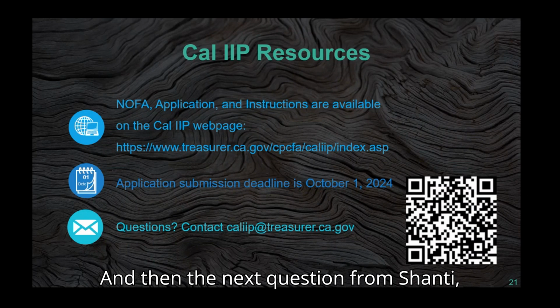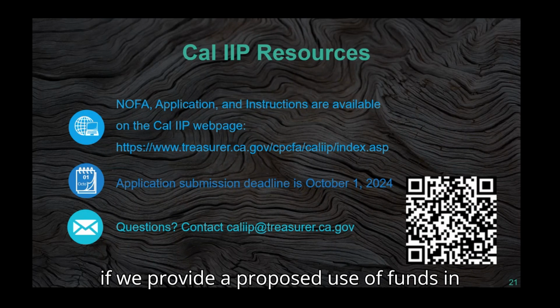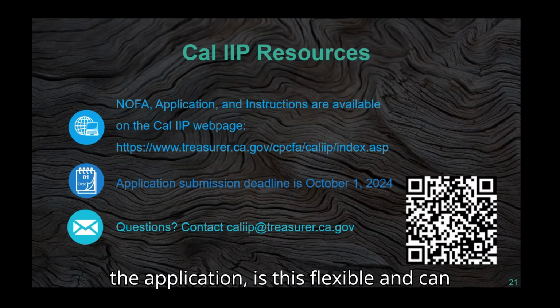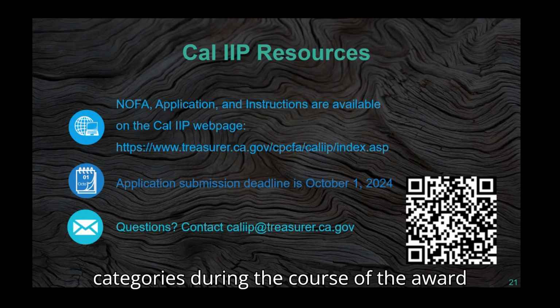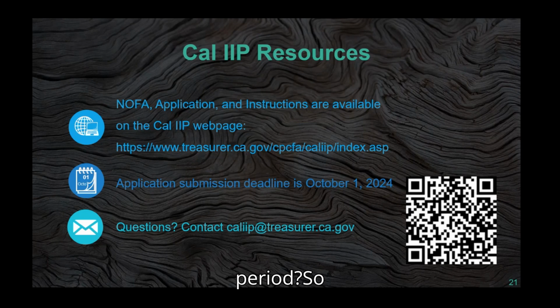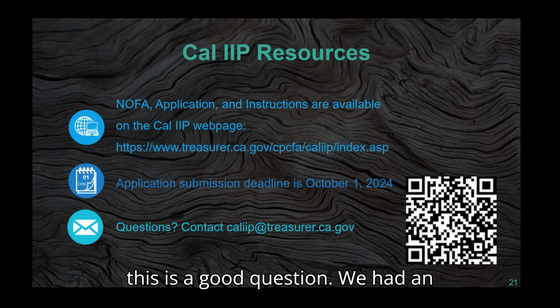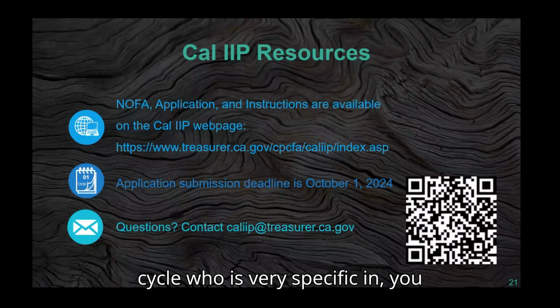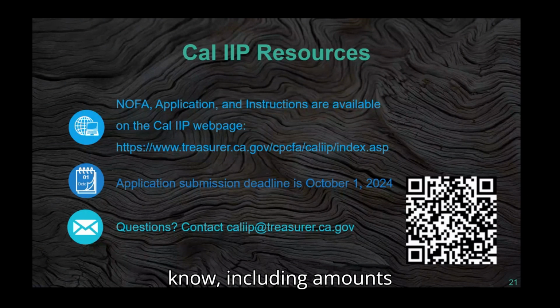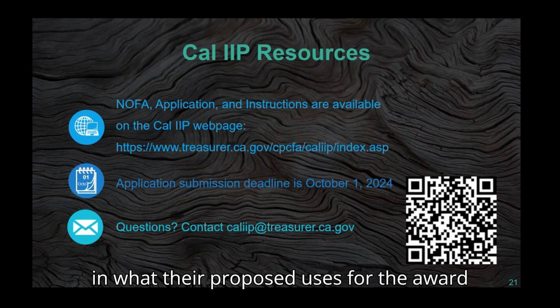And then the next question from Shanti: if we provide a proposed use of funds in the application, is this flexible and can we change this amongst eligible categories during the course of the award period? This is a good question. We had an applicant in the last award cycle who was very specific in including amounts for their proposed uses of the award.